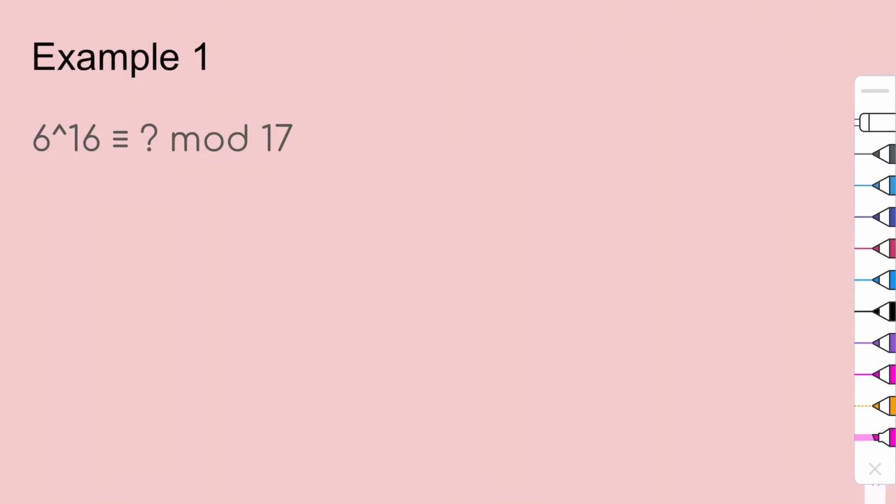Now let's work on example 1. 6 to the 16 power is equivalent to what number in mod 17? Notice that 17 is a prime number, so we can use Fermat's little theorem in this case. The theorem states that a to the p minus 1 power is equivalent to 1 in mod p.